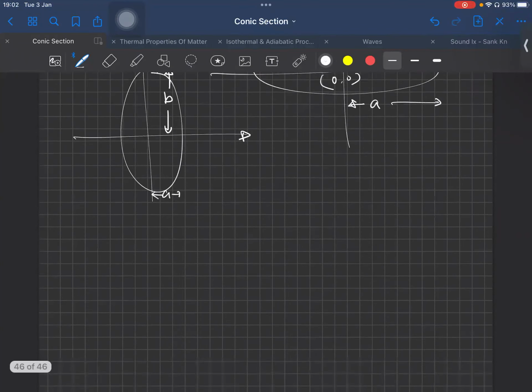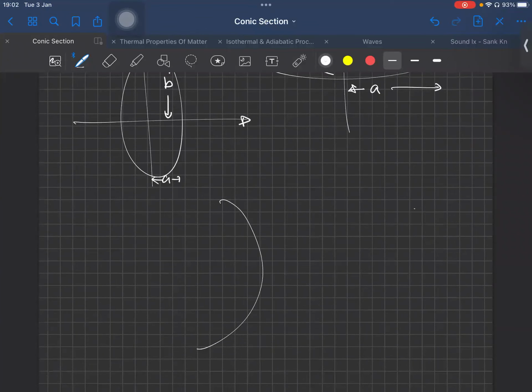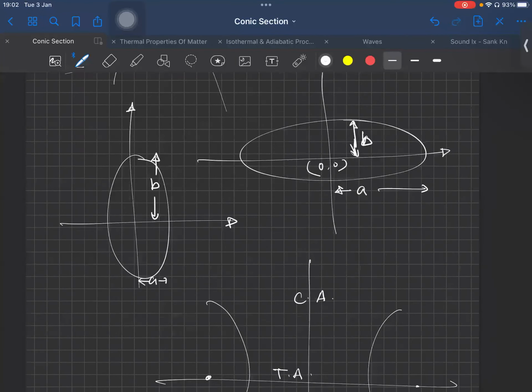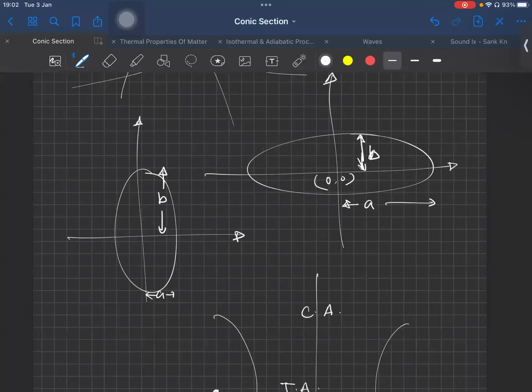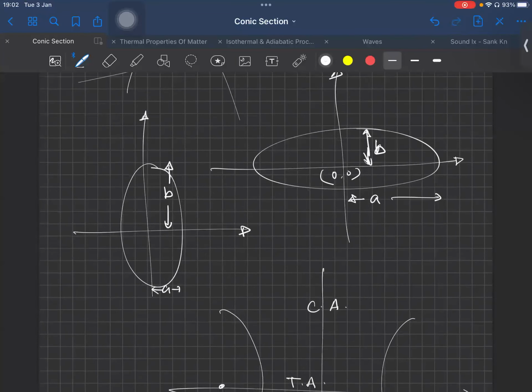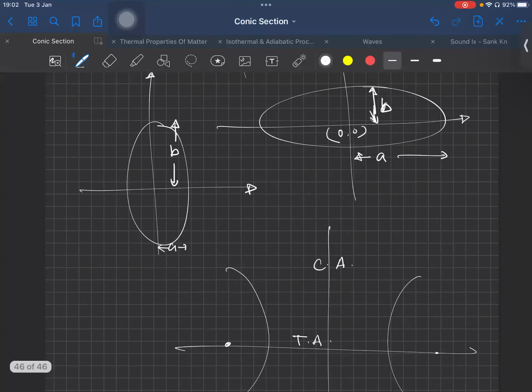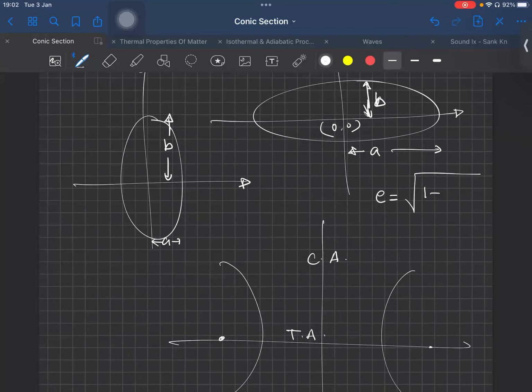All right. In case of hyperbola, we have studied this type of hyperbola. Here is your focus. This is called the transverse axis, and this is called the conjugate axis. In conic sections, e for the ellipse is equal to the square root of 1 minus (b by a) whole square.